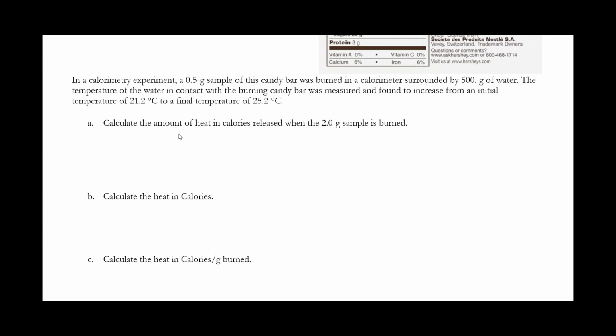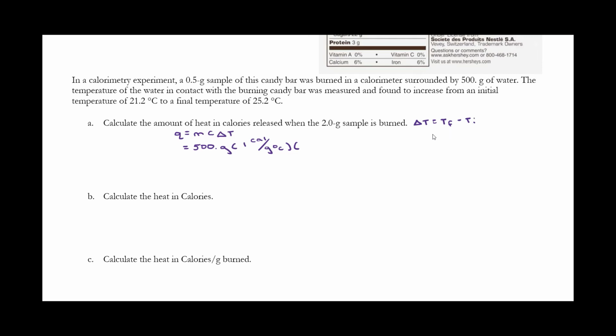So I need to calculate the heat. So Q equals mc delta T. Remember, my mass here is going to be the mass of water because I'm measuring the temperature of the water times my specific heat, which is 1 calorie per gram degrees Celsius. And then I'm going to multiply that by the change in temperature. So change in temperature equals my final minus my initial.